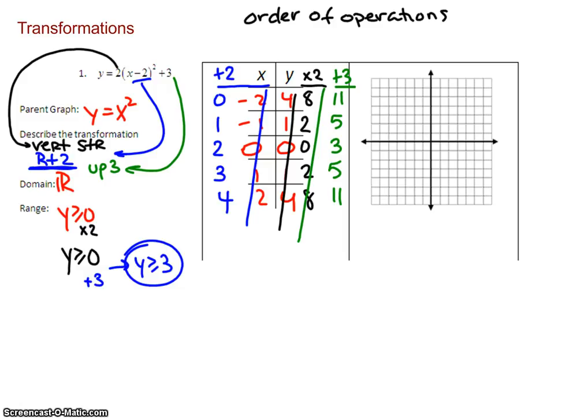All right, so 0, 11, can't see it, that's fine. 1, 2, 3, 4, 5. Okay, 2, 3, 3, 5. So again, now I can see the parabola shape. I can see that with my range, okay, my y's are greater than 3. Okay, and so we should be good.